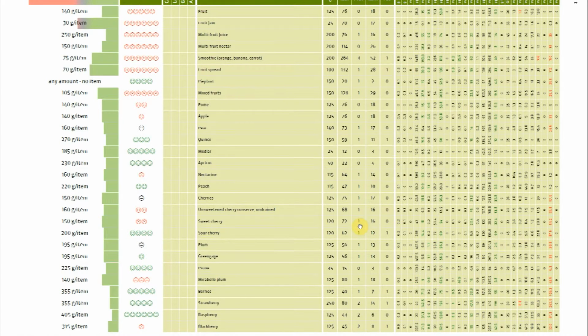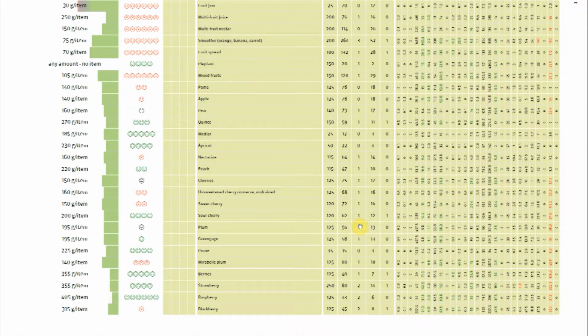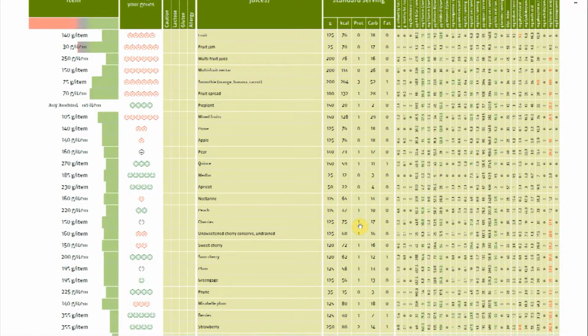So apricots, 230 grams. That's already a very nice handful. That's just one food item out of 15 that you can eat. Berries in general, 350 grams. Raspberry, almost half a kilogram. So really some food items are very large in amount, and others are going to be very small, depending on how good or bad this type of food is for you.